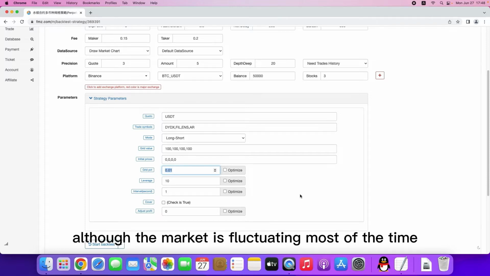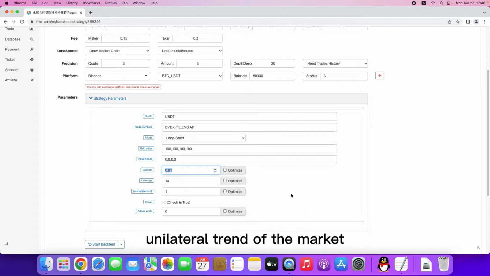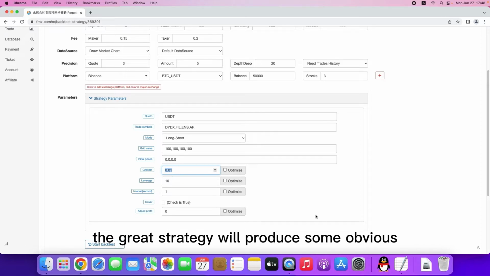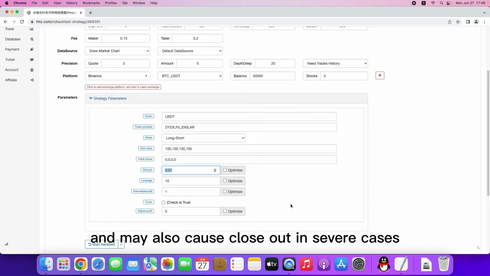Although the market is fluctuating most of the time, one of the risks of the grid strategy lies in the unilateral trend of the market. At this time, the grid strategy will produce some obvious floating losses and may also cause closeout in severe cases.